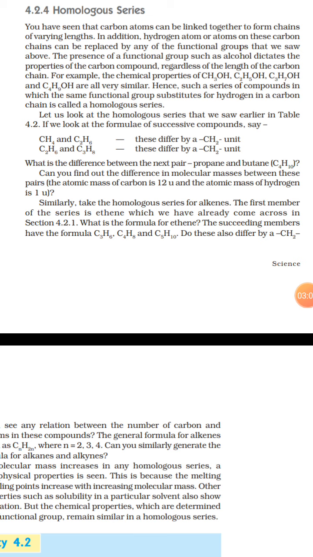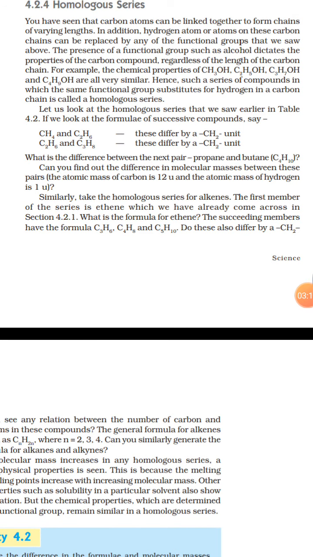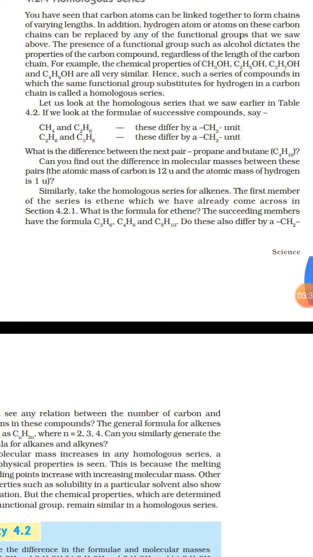So what is the difference between CH4 and C2H6? The difference is CH2. Now what is the difference between C2H6 and C3H8? The difference is again CH2. Similarly, take the homologous series for alkenes. The first member of the series is ethene, which we have already come across in section 4.21.